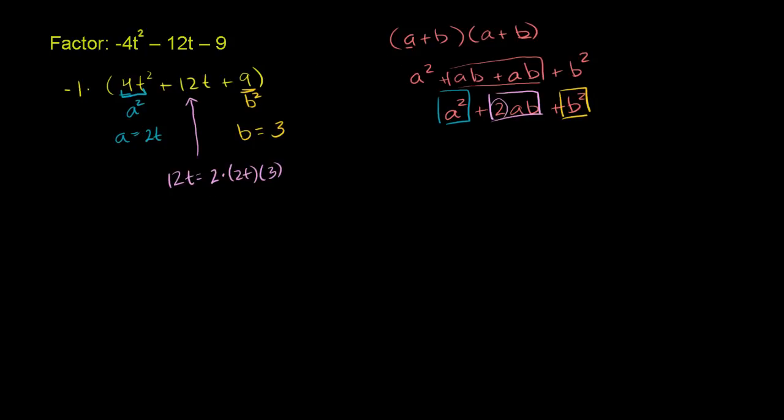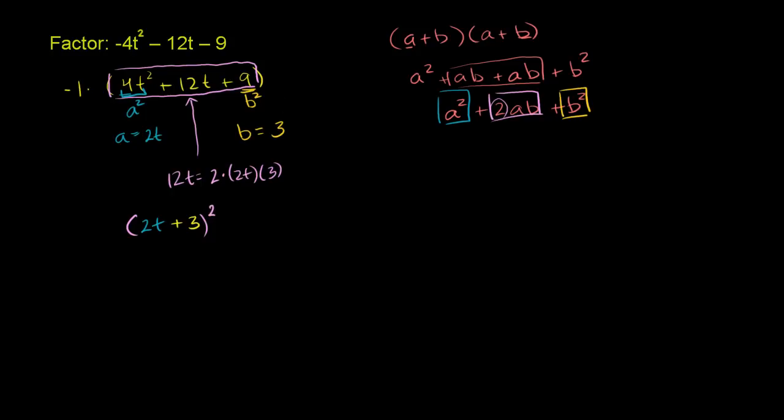So if you wanted to factor this, you still have that negative 1 out there. The 4t squared plus 12t plus 9, you could immediately say, that's going to be a plus b times a plus b, or 2t plus 3 times 2t plus 3, or you could just say it's 2t plus 3 squared.